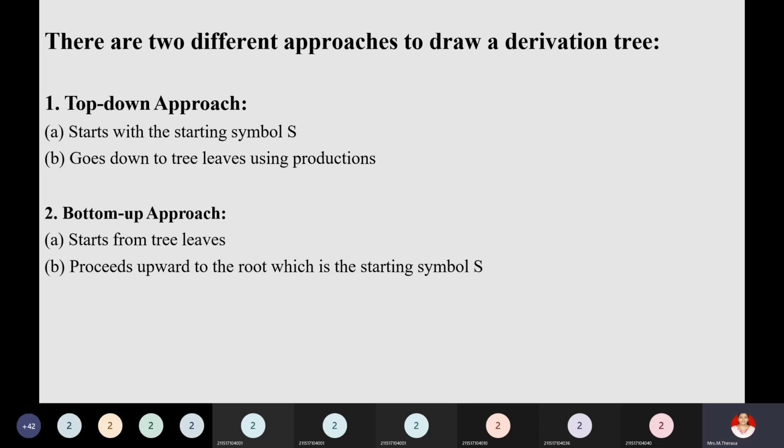One is the top-down approach, starting from the start label down to the set of strings, and the other is the bottom-up approach. We start from the tree leaves, the terminal symbols, and proceed upward to the root of the tree.